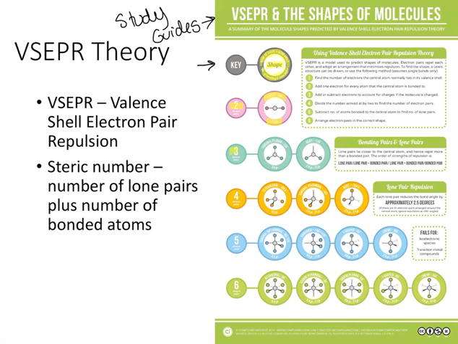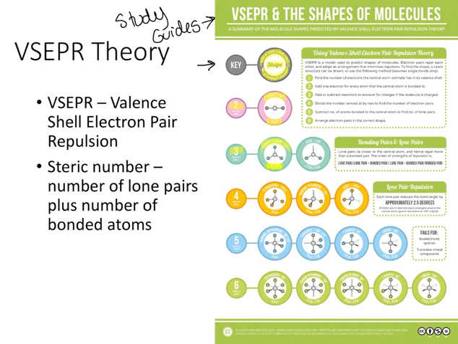Now, if we look at number 3, that's telling us that we have three groups overall that are bonded to the central atom. So in the first option here, we have three atoms bonded to the central atom. And this is a trigonal planar geometry with a bond angle of 120 degrees.